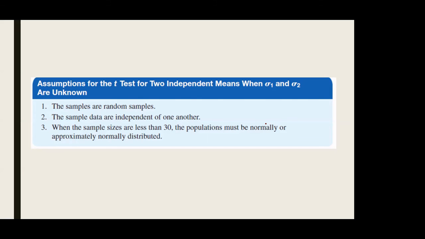It's called the paired t-test. And when the sample sizes are less than 30, the population must be normally or approximately normally distributed. In most problems that we will encounter, we assume that they are normally distributed. If not, then this test is not applicable ever, never. Okay? So in practice, you need to check these assumptions, whether these assumptions hold for your data.